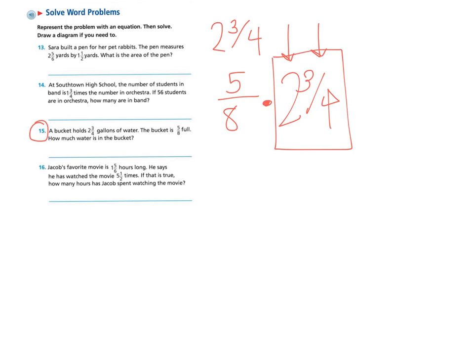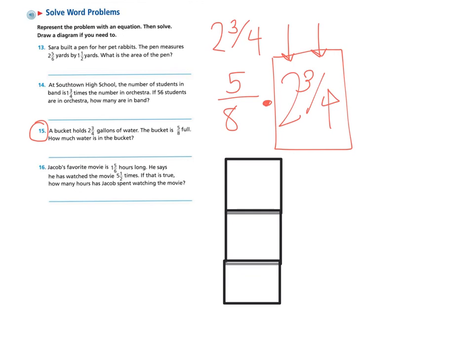So what I want you to see is I'm going to do 1 square, 2 squares, and then I'm going to do a 3rd square. All right. The first thing I'm going to do is I'm going to color in 2 3/4 of them.